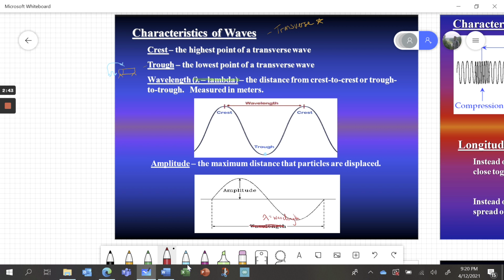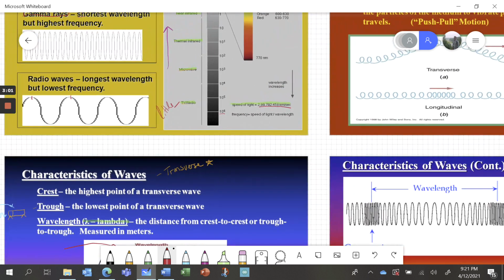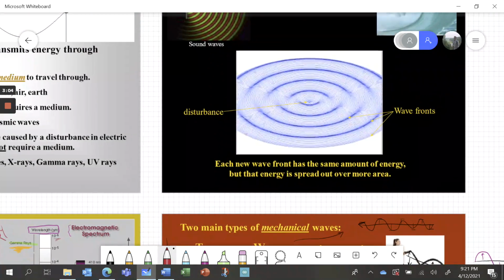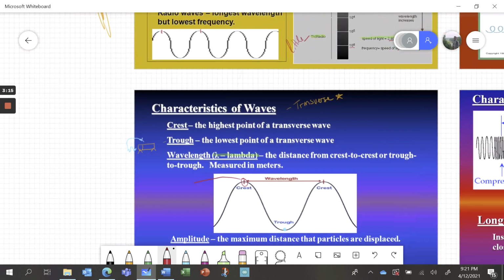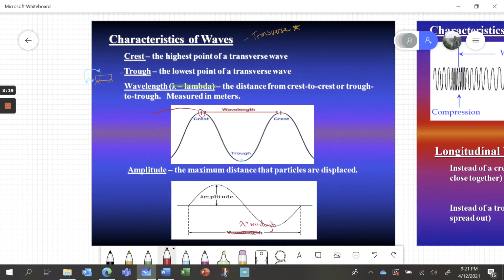So we're just going to move on to talking about compression waves. So again, these are all the characteristics of a transverse wave. Crest is the highest point. Just a little background also. Remember up here where I talked about wave fronts? These are the crests. Those are the areas with the most energy because they displace the matter the furthest.